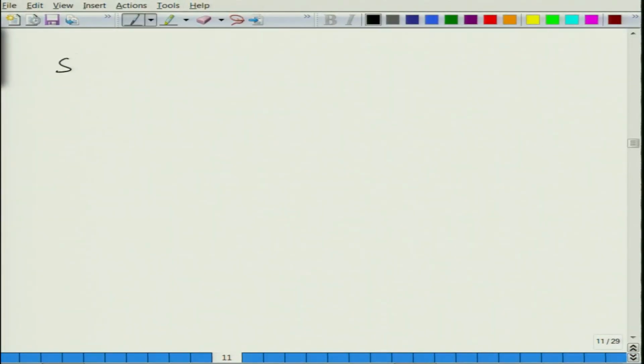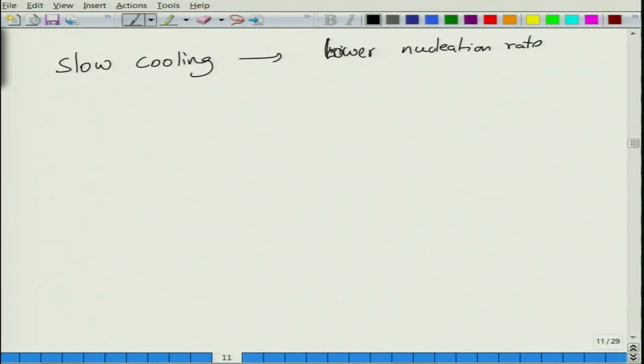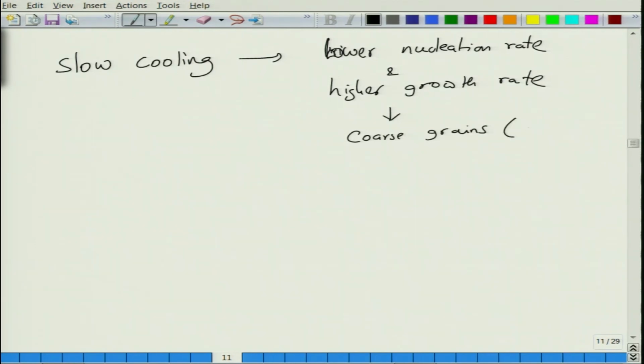So, basically, slow cooling rate will lead to lower nucleation rate and higher growth rate, and this gives rise to coarse grains. So, basically d is large.